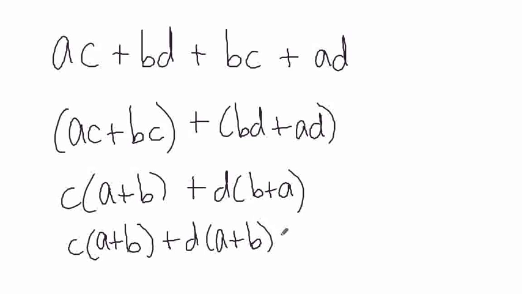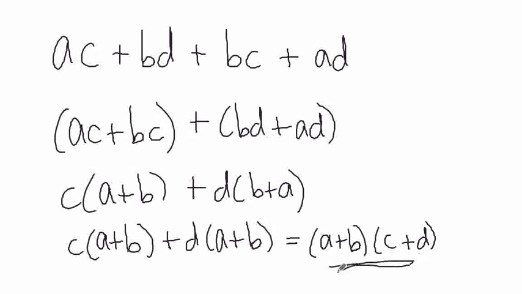Okay. And so notice that what we ended up with is something that itself is a pair that has a common factor. It's okay to have a factor that is a parenthesis blob, in this case a sum, A plus B. So let's factor out the binomial, as it's called, or the parenthesis blob, whatever you want to call it. And then we divide each term by that to get the leftovers: C on the first one and D on the second one.